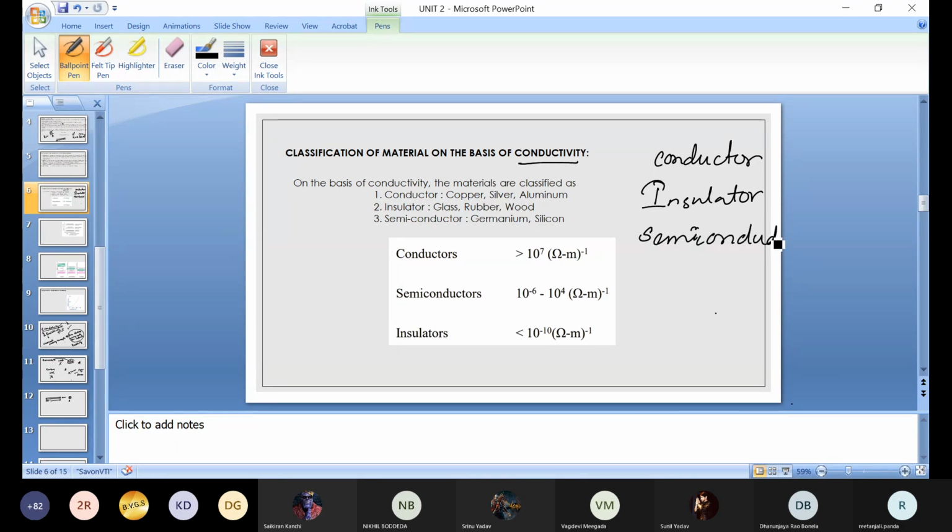Now, newly, we can add another term, superconductor. About superconductor, as I told you, we will learn it around the end of the chapter. So as of now we will know these three.